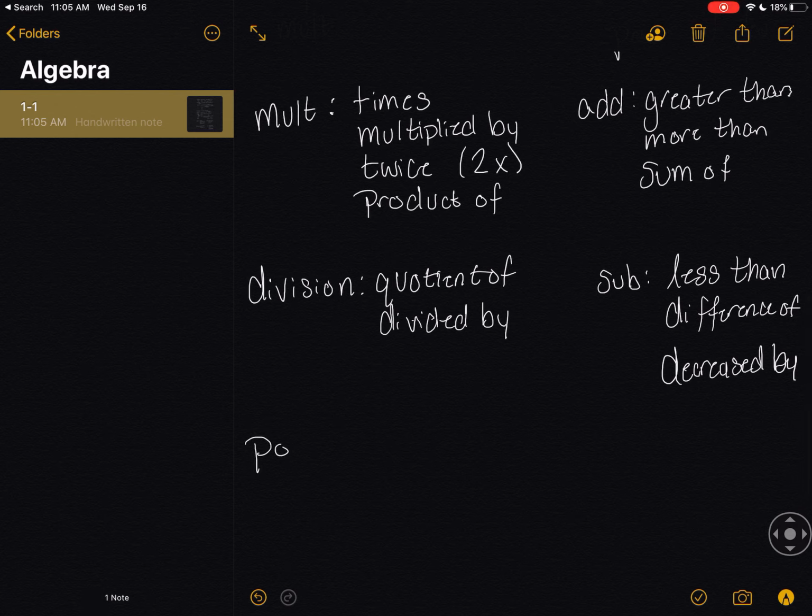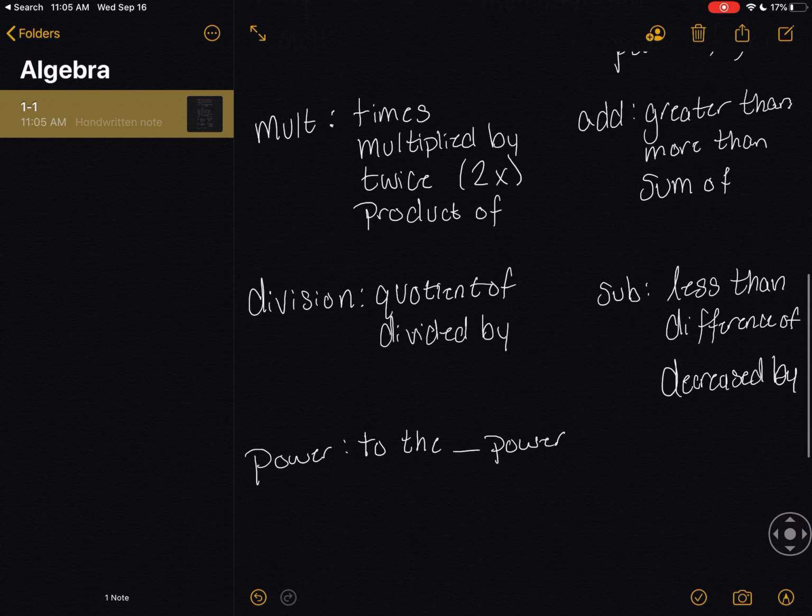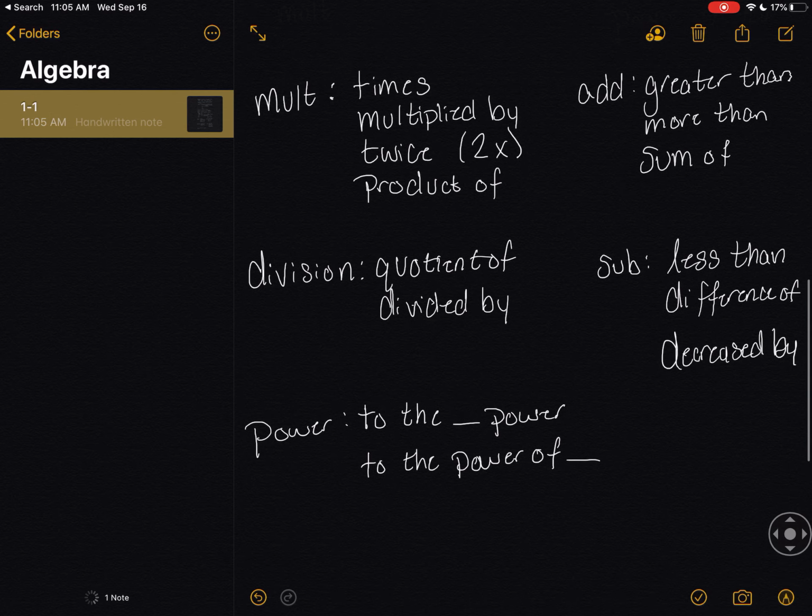If I have a power, typically what is used is to the blank power. I could say to the power of. Whatever the number is, anything like that will work for power.